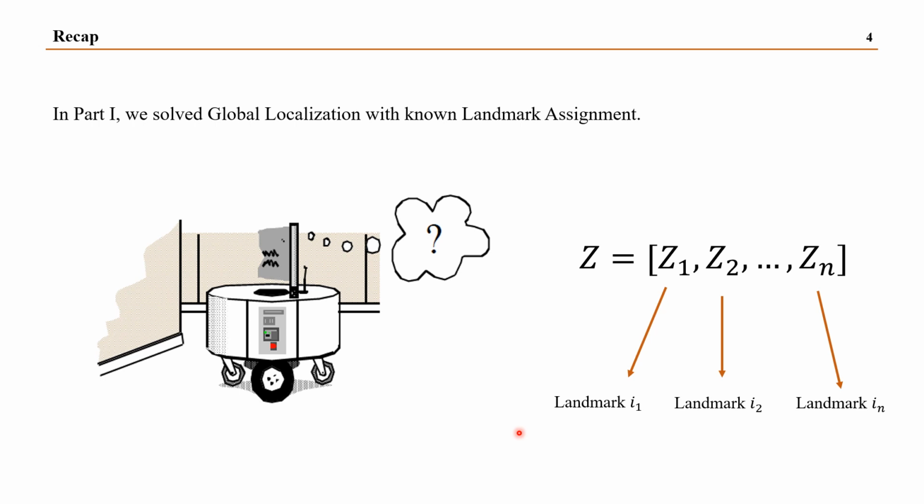And it could be actually quite expensive to label all of these landmarks. And this is where the unknown data assignment problem comes from, in which we assume that we have no idea how each measurement was generated. We don't know this association between the measurement and the landmark, and we'll have to figure it out as we move.